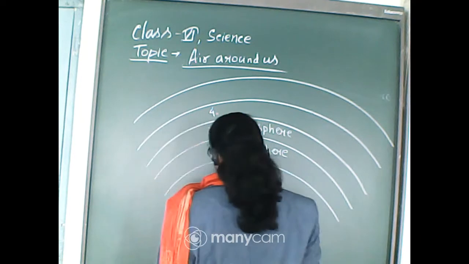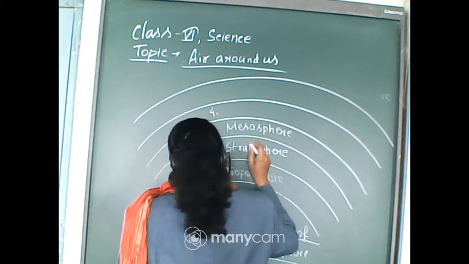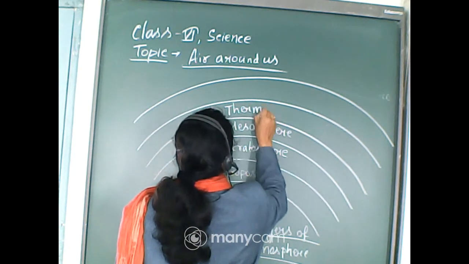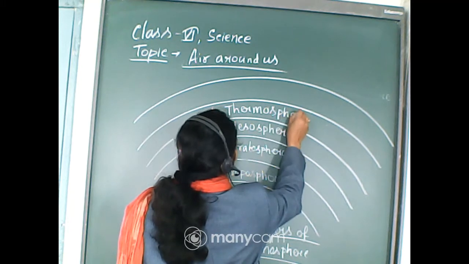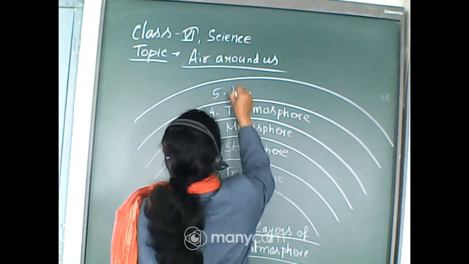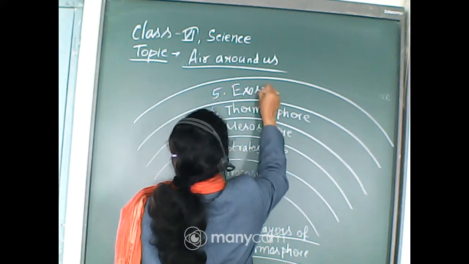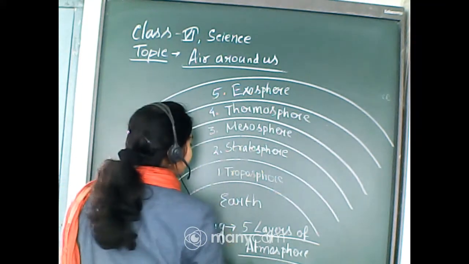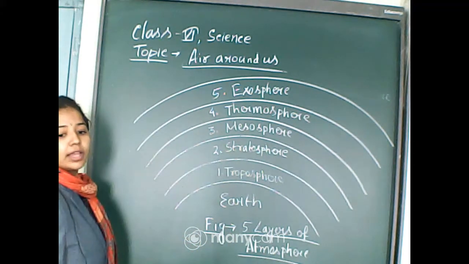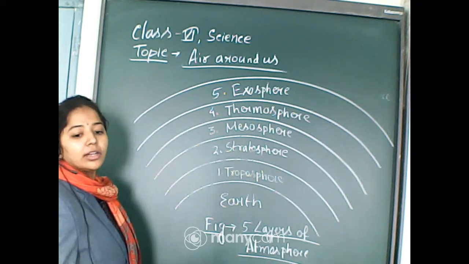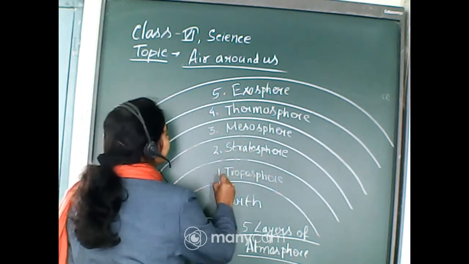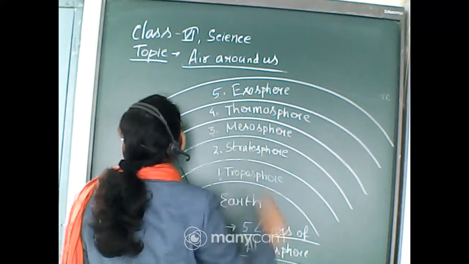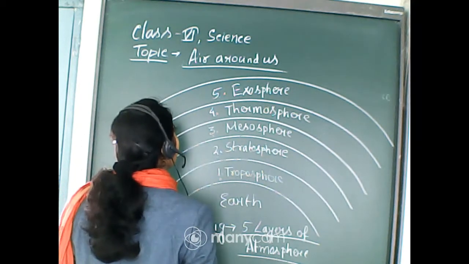Then thermosphere, and the last one is exosphere. Okay, we have seen there are 5 layers of the atmosphere around the earth's surface. First one is troposphere, then stratosphere, then mesosphere, then thermosphere, and the 5th one is exosphere. This is the outermost layer.